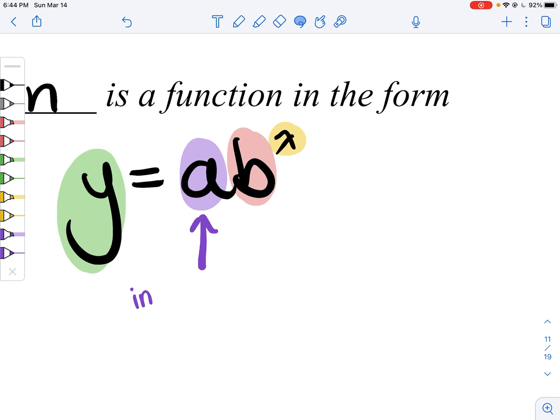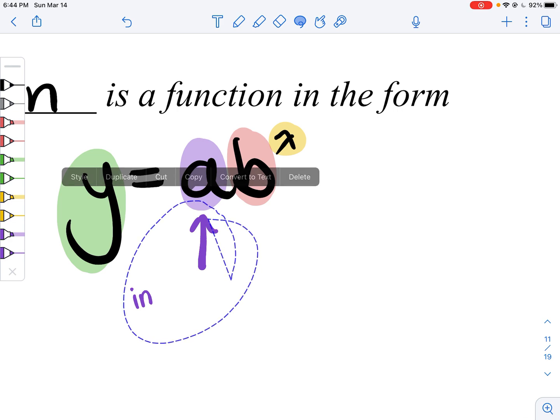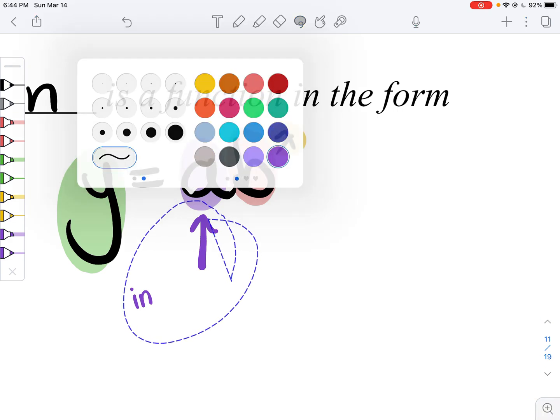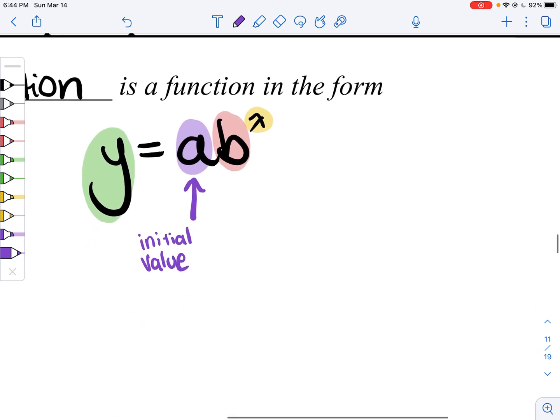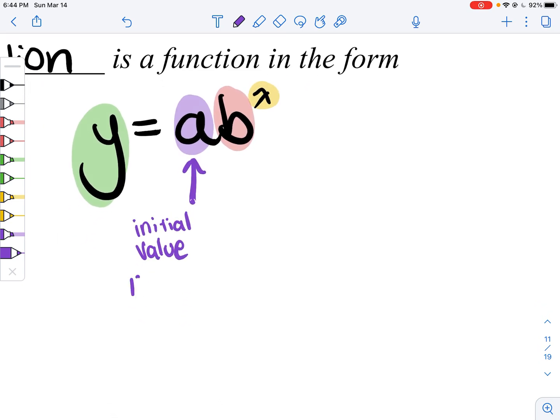Initial value, initial meaning what it is at the start. It's going to be like the first value in your sequence. It's what happens when x equals 0.